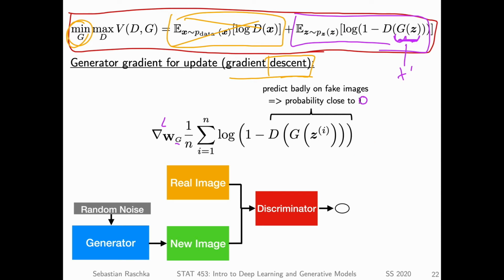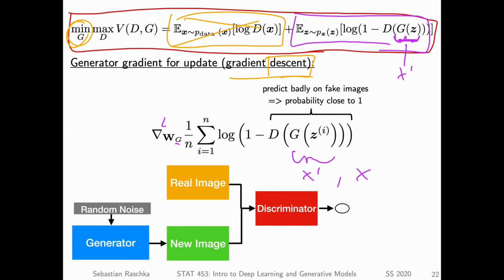Now, we want the discriminator to make a wrong prediction, because remember, the job of the generator is to fool the discriminator. So we want the discriminator to predict with high confidence that something is a real image, although it's generated. So this is X prime, this is the generated image, but we want the discriminator to think that this is actually X, a real training set image.